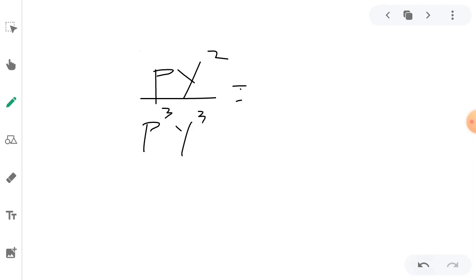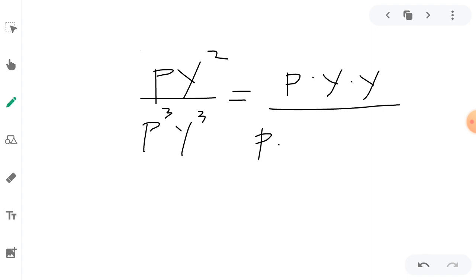So, kung kukunin natin yung GCF nila, or i-lowest term natin, yung numerator natin is p times y times y. And then, dun naman sa denominator, p cube is p times p times p times y times y times y. So, ang gagawin natin is, magka-cancel tayo. So, p sa numerator, parehas sila sa isa sa denominator.